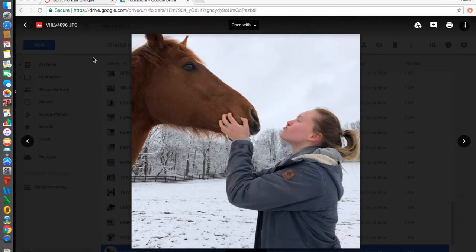Also, I would probably zoom out a little bit just so you can see how big this horse is compared to the female. And I would also try to see if you could get the horse to bend its head down. That way it could show more affection instead of just trusting the female on the right. Maybe it will show more affection towards that person.